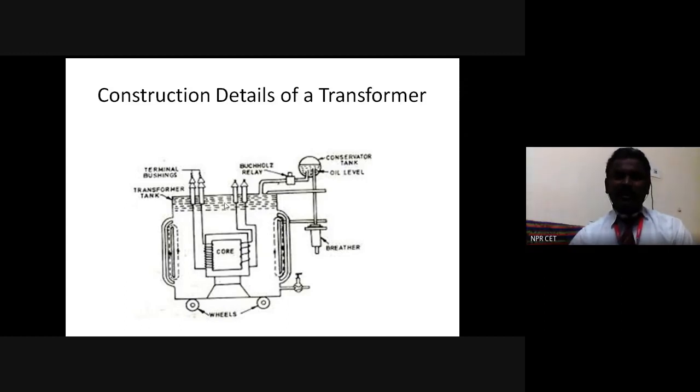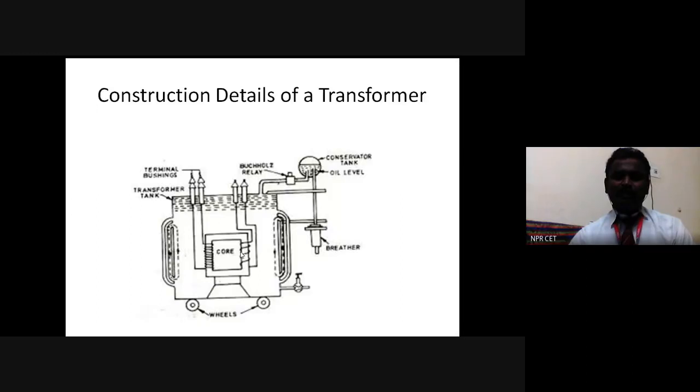The oil has high dielectric property. It's free from acidity also, and has low viscosity, right? And also the transformer oil can be used to prevent short circuit between the transformer windings and the transformer tank.